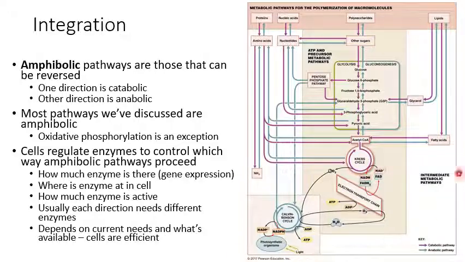So this diagram is kind of summarizing cellular respiration in the middle here, and how different molecules enter cellular respiration for catabolism or exit for anabolism. So first, if you're doing cellular respiration, you have glycolysis, then you have pyruvate oxidation, converting pyruvate to acetyl-CoA, then acetyl-CoA enters the Krebs cycle, then you have the electron transport chain and oxidative phosphorylation.